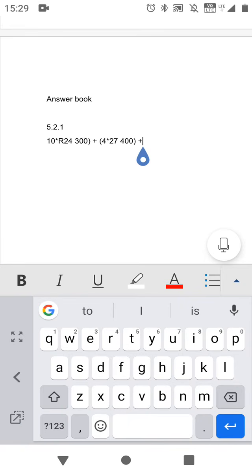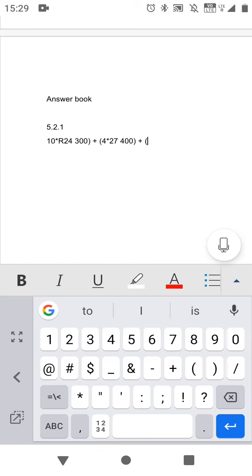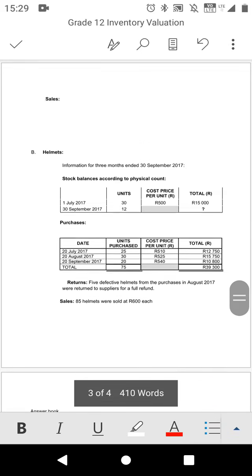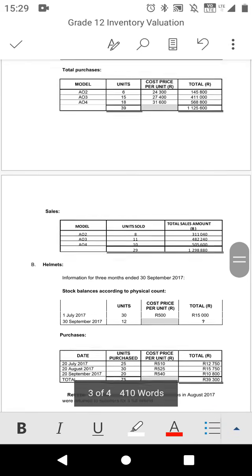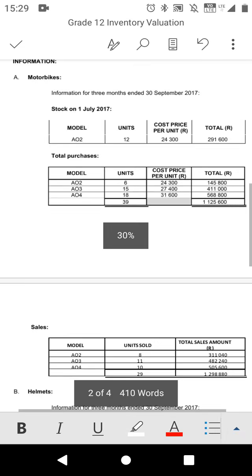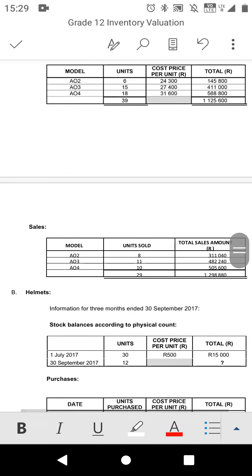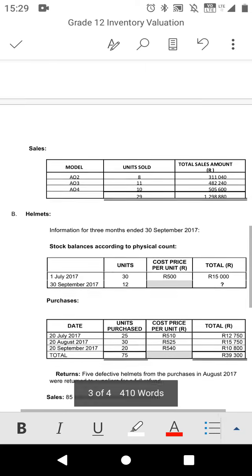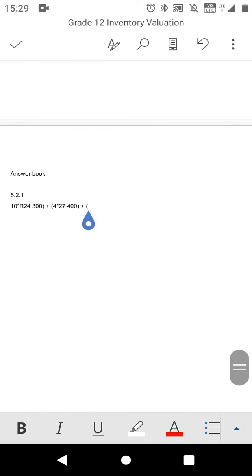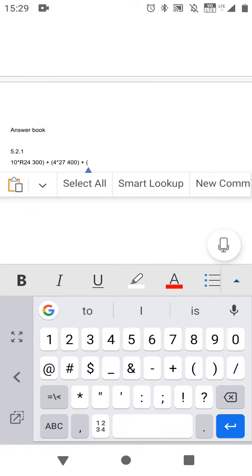Okay, then let's go to the last one, which is model A4. So A4 at the beginning we didn't have anything, but during the year we purchased 18 and we sold 10, which means that we remain with 8. Okay, 8.